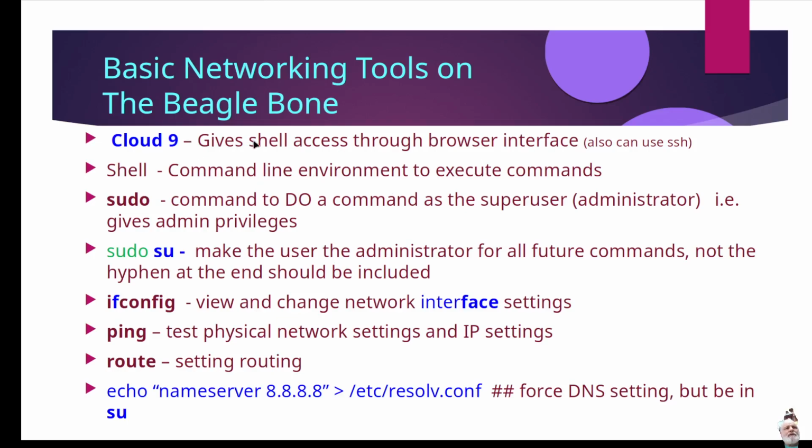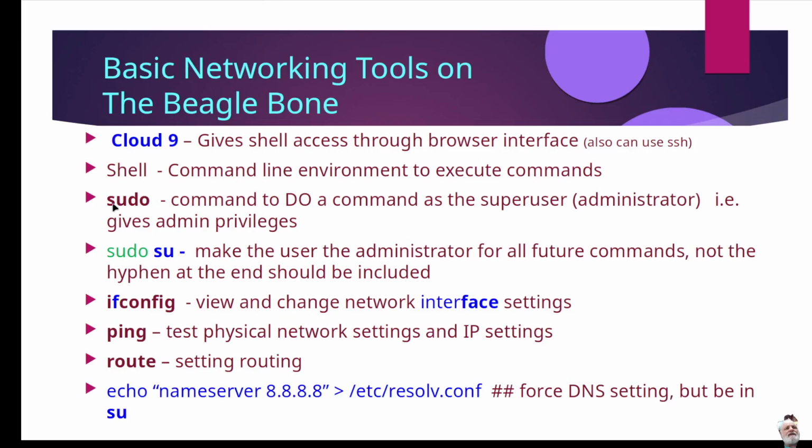And then on the BeagleBone, if you're trying to test the BeagleBone, there's an extra service running on our BeagleBone called Cloud9, and it gives you shell access so you can run some basic shell commands, including testing the network. To do that, the first thing you have to do for most of these commands is get administrative privileges, which is called the super user.